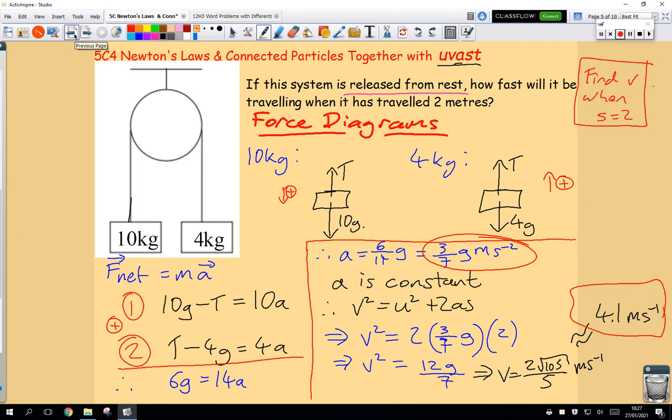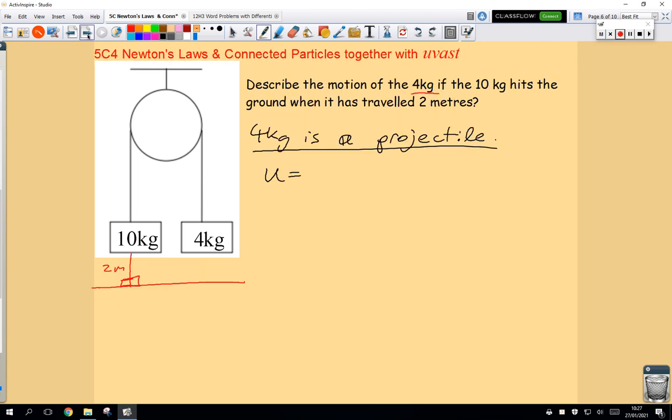We know when it has traveled through 2 meters, it's traveling at 4.1 meters per second, or 2 root 105 over 5. Maybe we leave it in surd form. So its initial speed would be 2 root 105 over 5. If I'm saying this is a positive velocity, then the acceleration would be negative g.